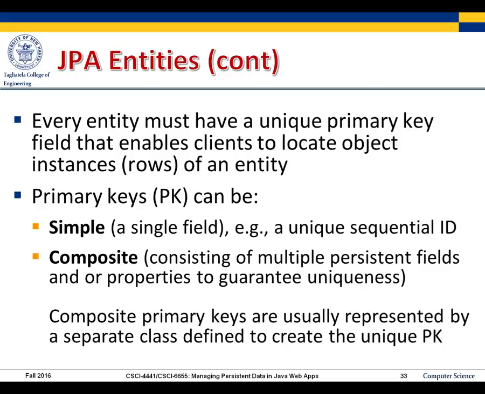I'm not sure what wouldn't be unique. I guess Social Security numbers are unique, but something else where you have two fields that together, or 3 fields, or 10 fields, or whatever it is, will generate a unique ID. That's a composite.